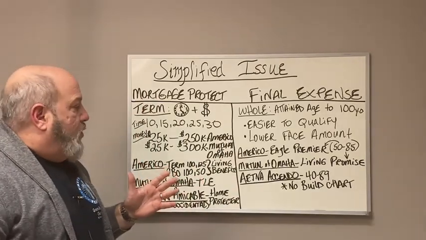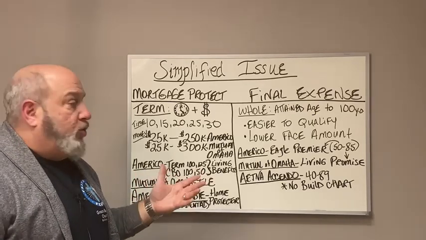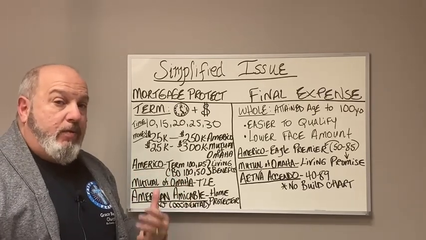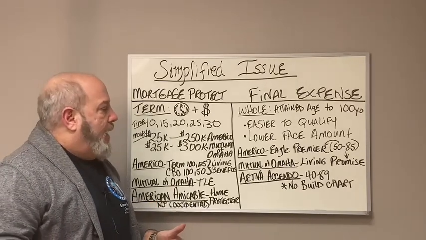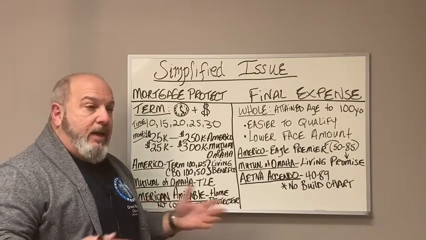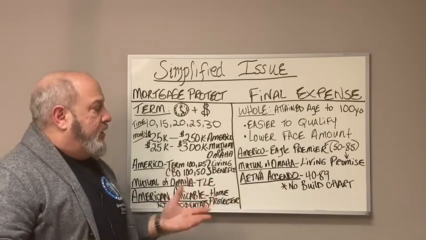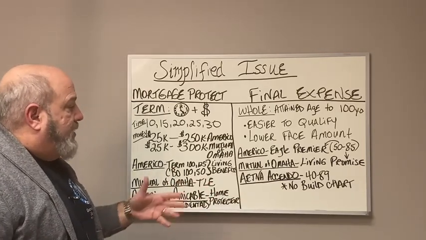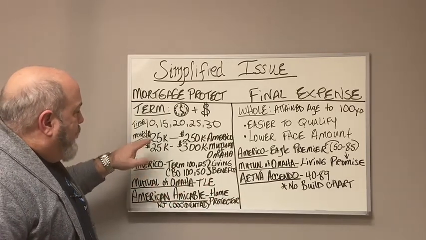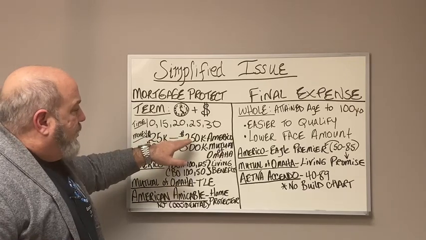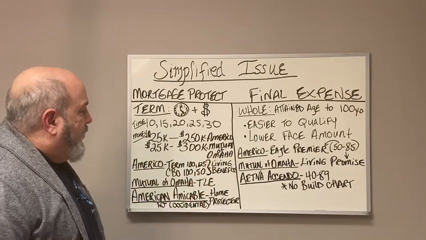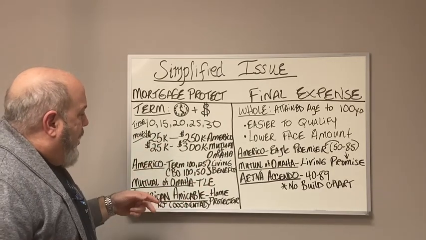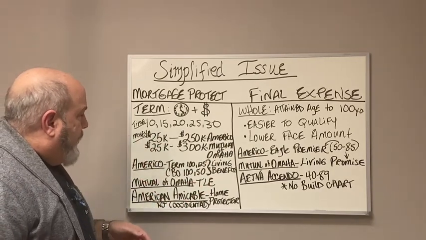So if you would just take our initial recommendations to heart when you're starting out, it's going to make it a lot simpler for you, and it'll streamline you and get you more sales, more income, so that you can find success much more quickly. So $25,000 to $250,000 with Americo, $25,000 to $300,000 with Mutual of Omaha are the two primary carriers for mortgage protection.